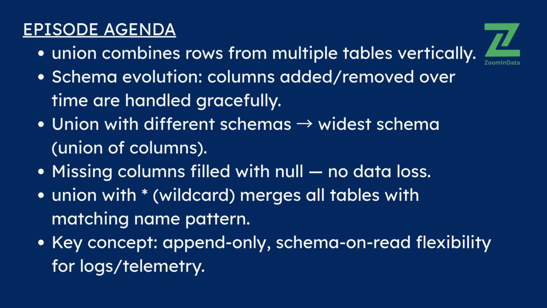No data is lost. Union with asterisk wildcard merges all tables matching a name pattern, very common for daily, weekly partitioned data. The key concept is append only, schema on read flexibility, perfect for logs, telemetry, and evolving data sources. Let's dive into how this works and why it's so powerful.